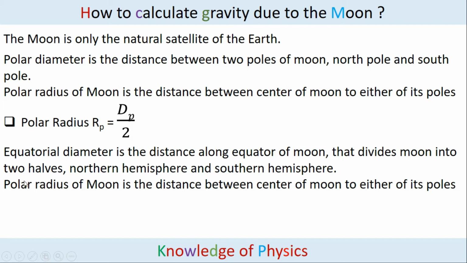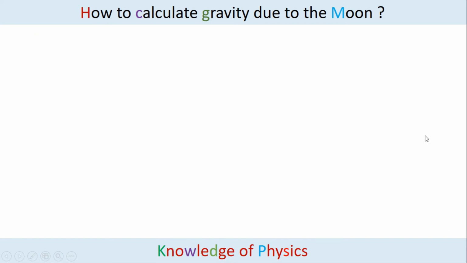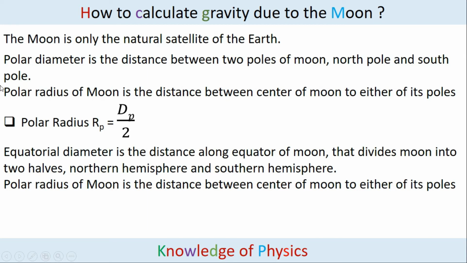Whereas equatorial diameter is the distance along equator of moon. This is nothing but the equatorial line of moon, and the diameter along this line divides moon into two halves, that is northern hemisphere and southern hemisphere.